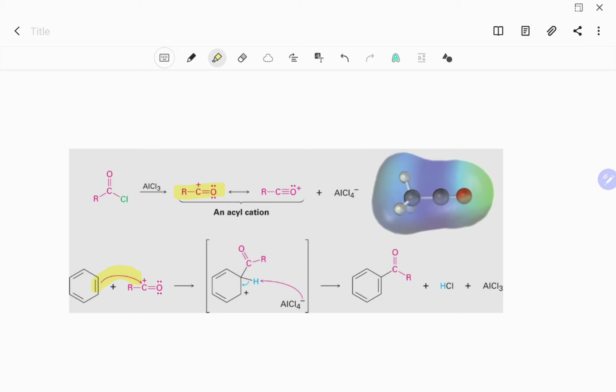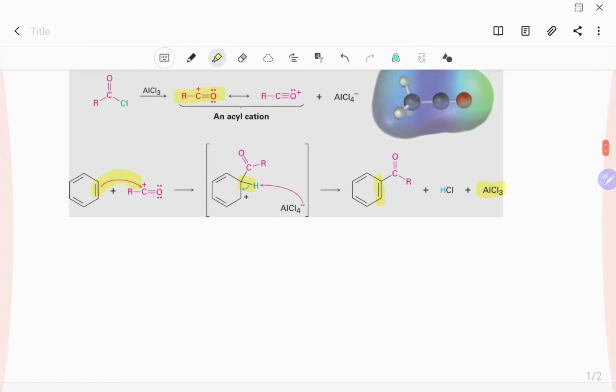So in order to achieve aromaticity of benzene, you will use the 2 electrons on the carbon hydrogen bond that has the new acyl group, and those 2 electrons will be used to regain the benzene aromaticity, and also this reaction will regenerate your catalyst. All right, so this is the general mechanism. I'm not going to show you how it happens in more detail, because by now you should be very familiar with it.